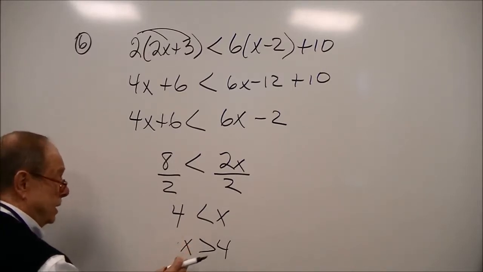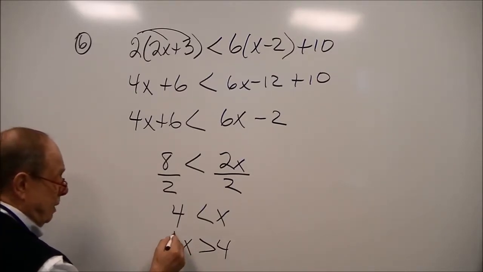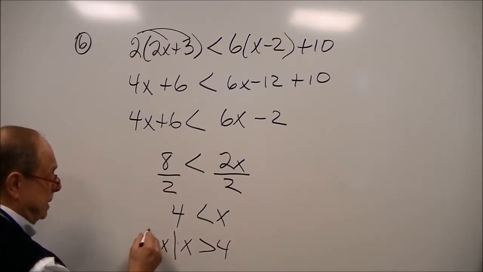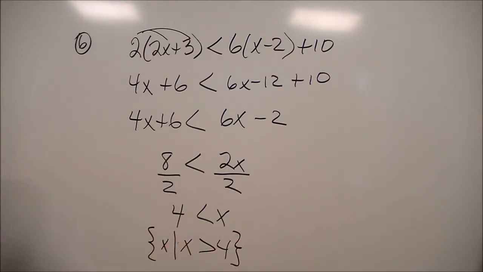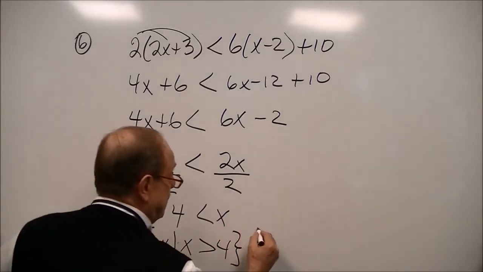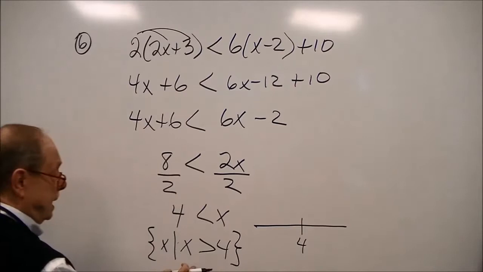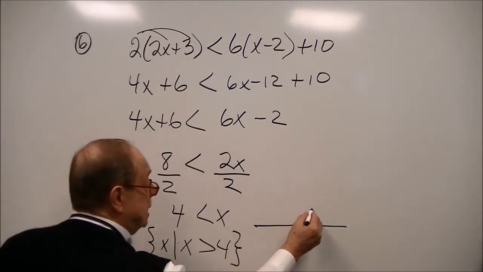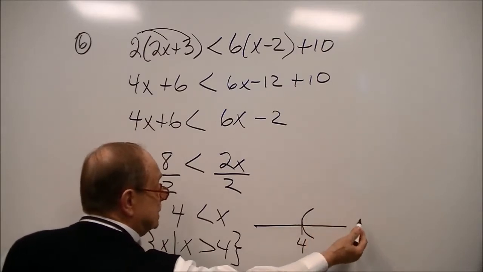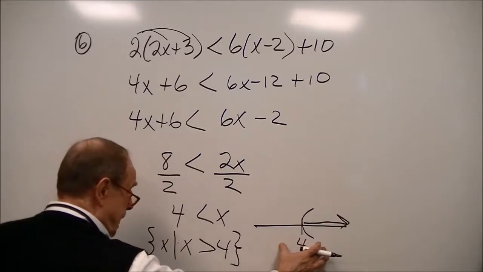So x is greater. Now, in following what we've done, how do we put this in set builder notation? Well, we put a line here. x such that. How do I graph this? Well, the number I'm interested in is 4. And this says x is greater than 4, so I'm going to use a parenthesis facing right, and darken it. There's the graph.